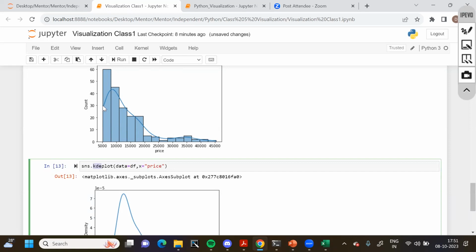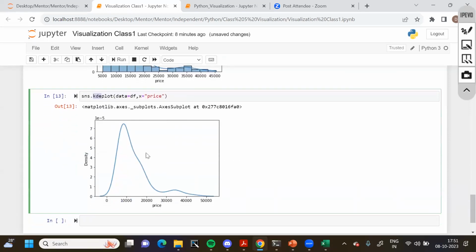It takes the average of a few values, so it makes a smoothing impact. So this is what KDE is. Okay, let's see.